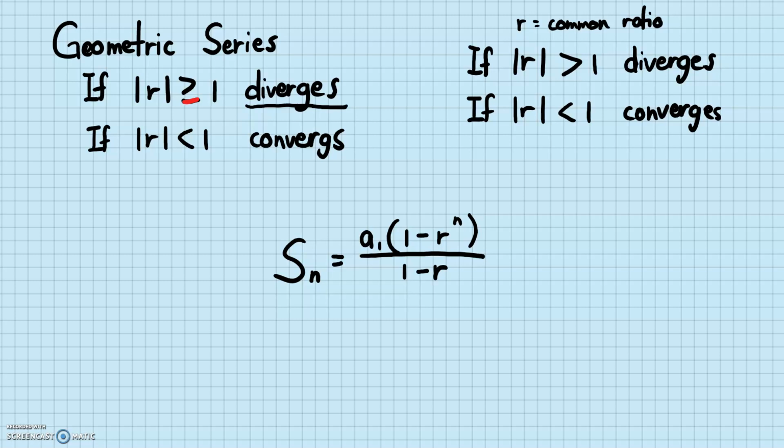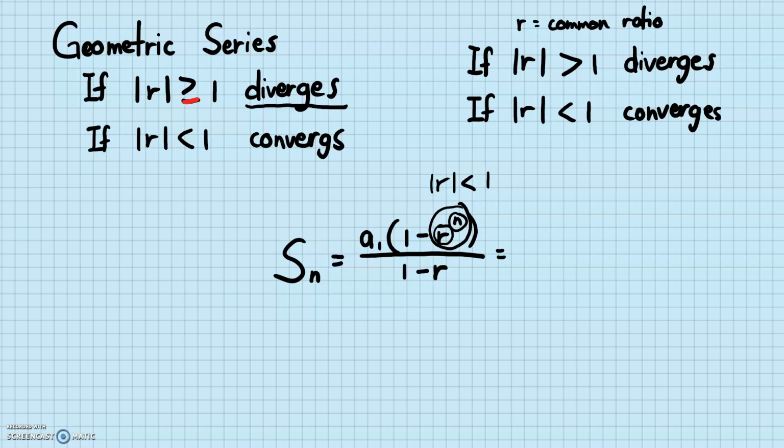And if the absolute value of r is less than 1, and if n gets bigger and bigger, then this value here is going to get smaller and smaller and smaller, right? It's a fraction multiplied by itself, and it's going to keep getting smaller and smaller. So this will eventually become 0 as n approaches infinity.